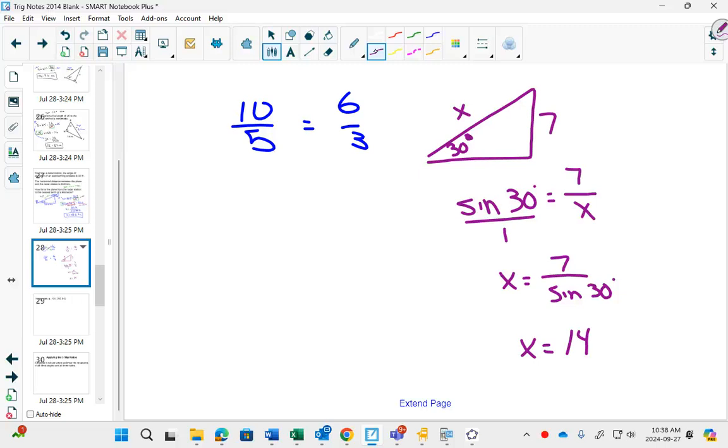I don't know if you remember, we did sine of 30 in class a couple of days ago. When we typed it into our calculator, it was one of the nicest numbers. It's exactly half. You see how I use the half to do the mental math to get 14 in my head? If I know this has to be a half, 7 over what is a half? 7 over 14.